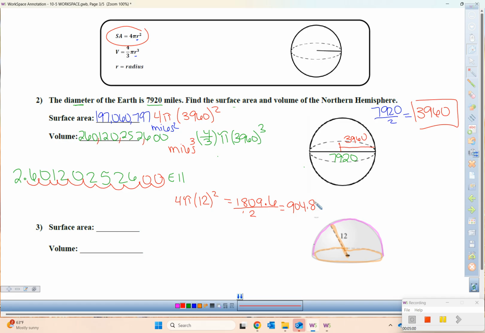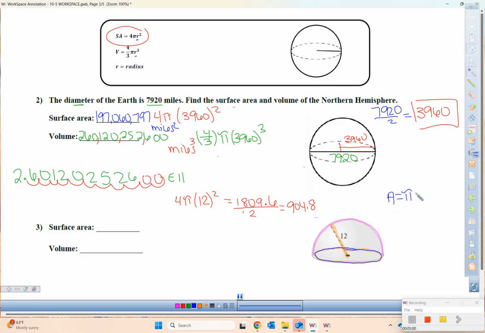Okay? Then we talked about the base, and the base is still a whole circle, like when we used to find the base of a cone. And if we remember, how did we find the area of a circle? Anybody remember?